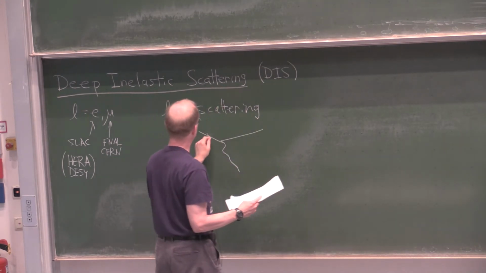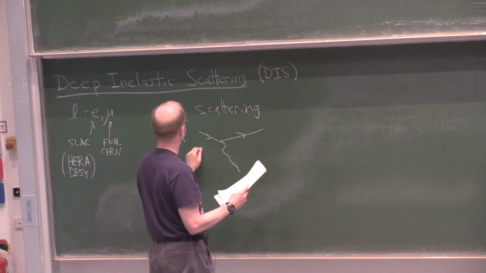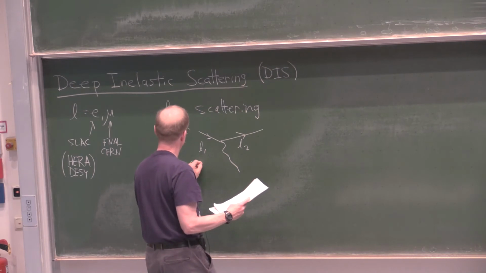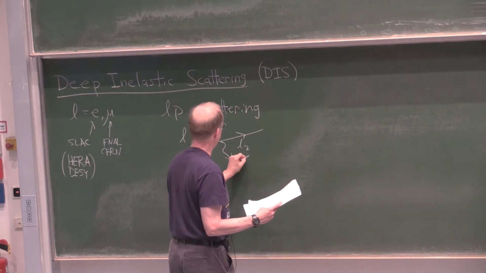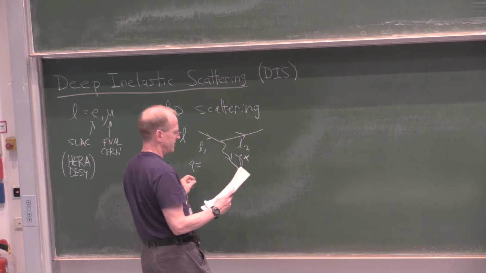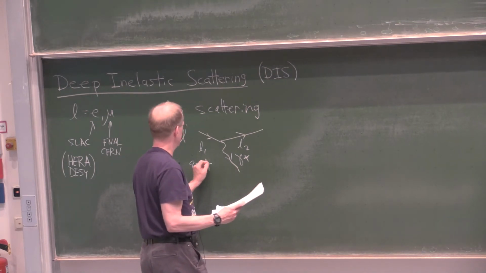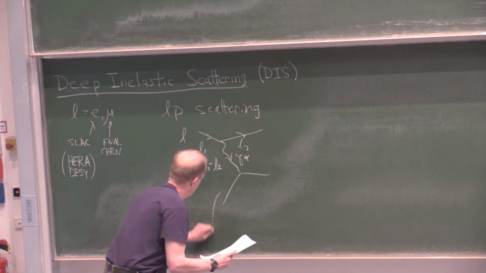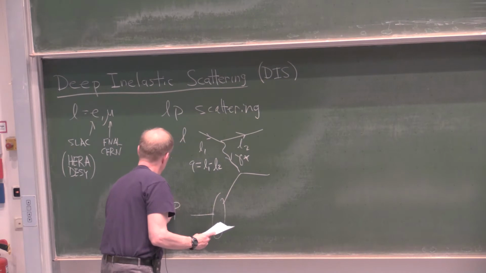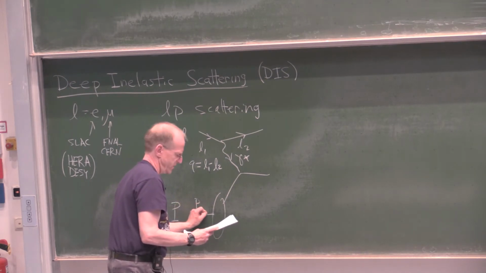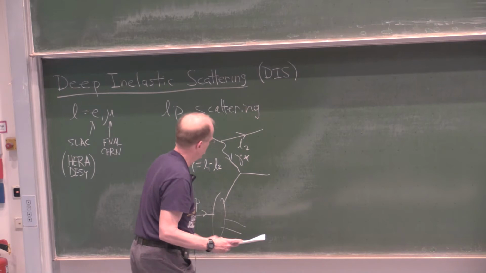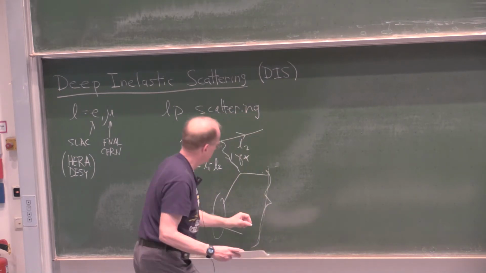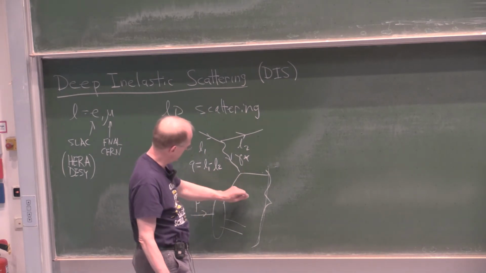So we have a lepton that comes in here and goes out here with momentum l1 and l2. And it interacts through a virtual photon with something in the proton. So q is l1 minus l2. And here's the proton with momentum P. And this system here is the set of all the hadrons that are produced.